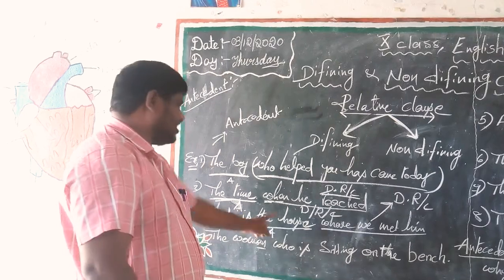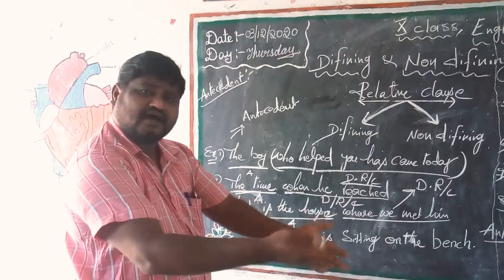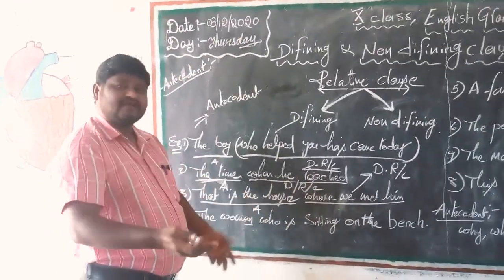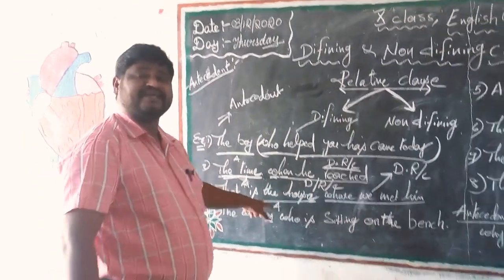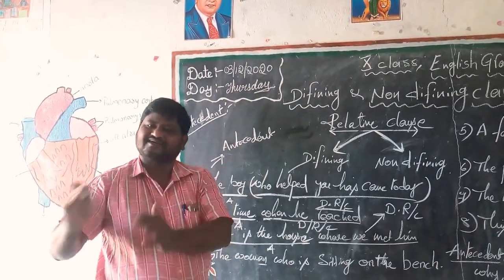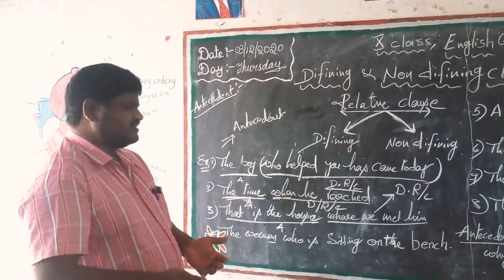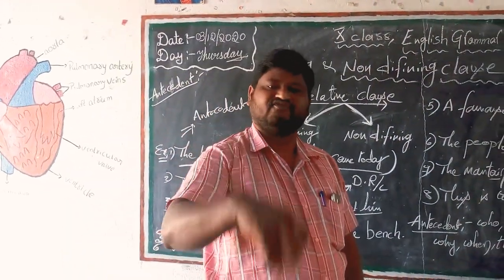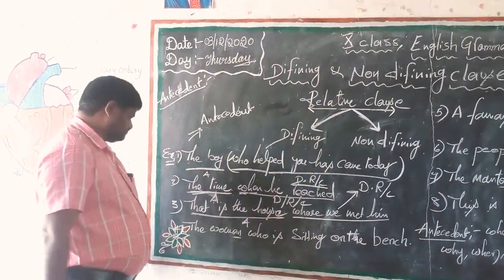Because that is a house, and he is not telling us the particular house. That's why we are calling it the antecedent. Antecedent plus clause means WH word plus clause. So we can immediately and simply recognize the defining relative clause. Dear children, okay? Shall we go for the next one?